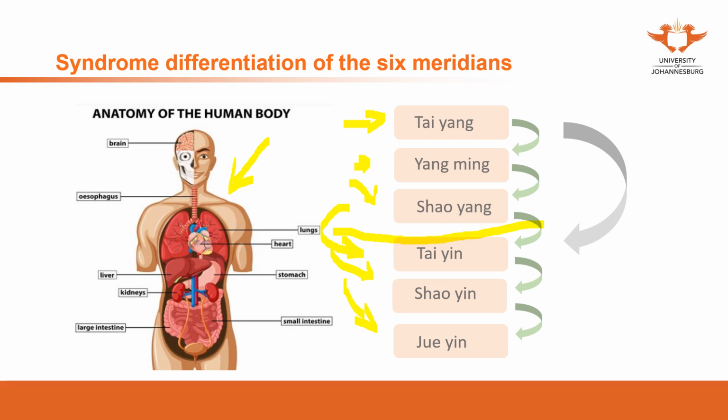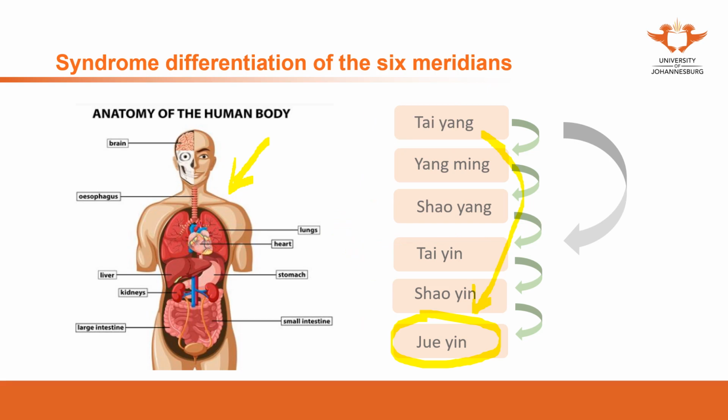From 太阳 to 厥阴, it is from the exterior to interior. The disease develops deeper and deeper. So if you see a patient with manifestations of 太阳 syndrome, and then after a few days, you see the patient manifests as 厥阴 syndrome, you will know that the disease becomes worse because the disease develops from the superficial to internal.